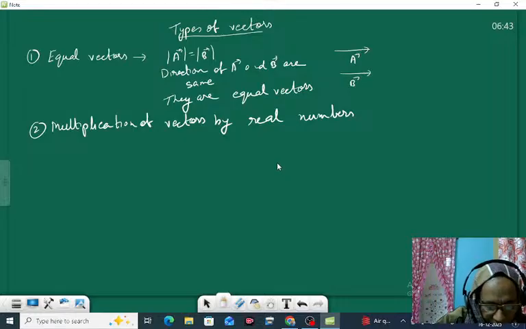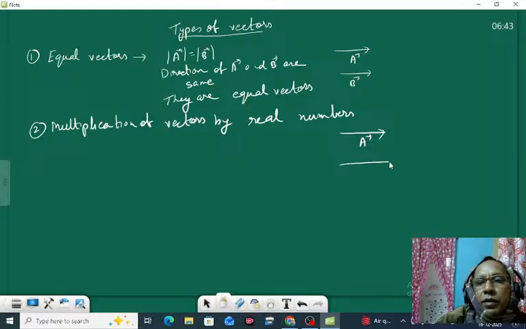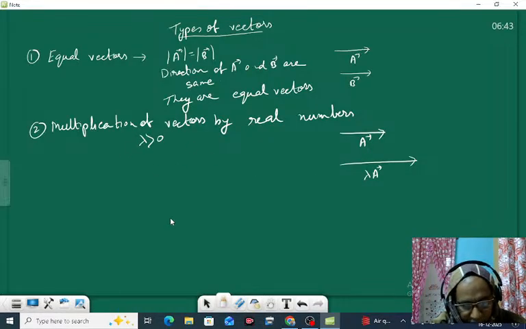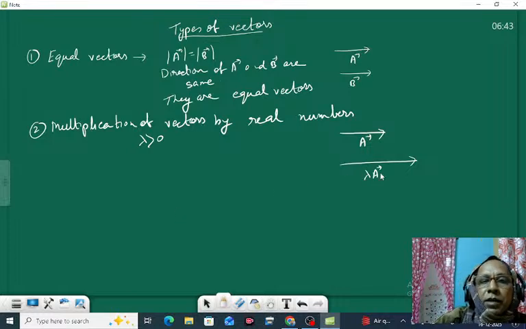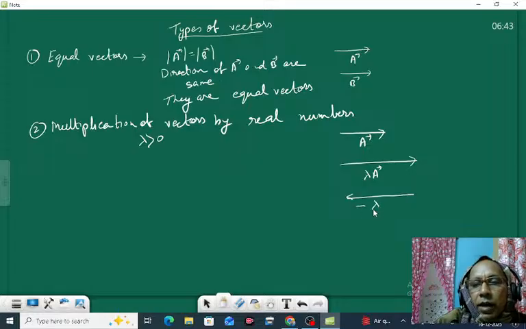Suppose there is a vector A. This is vector A, and you multiply it with lambda, then this will be lambda times vector A, right? Where lambda is greater than 0. If you multiply this vector by minus lambda, it will be in this way. The direction will change. This will be minus lambda A. This is how I represent multiplication of vectors by real numbers.